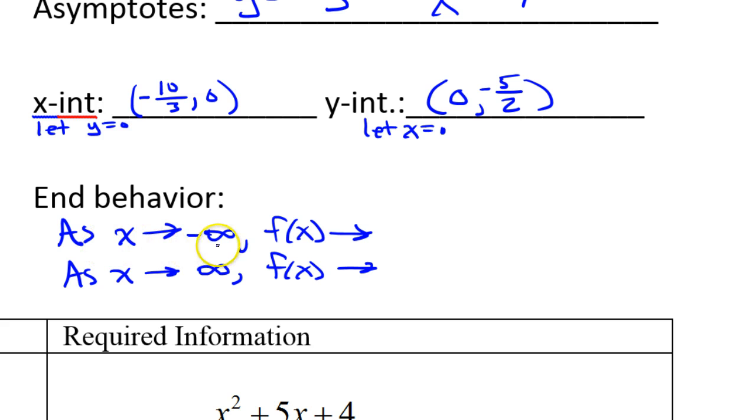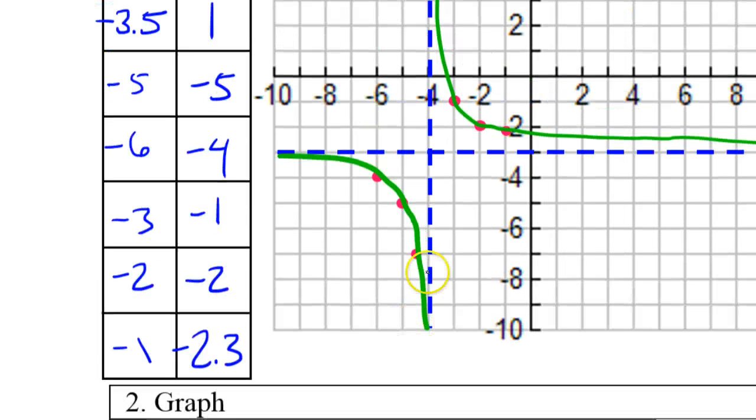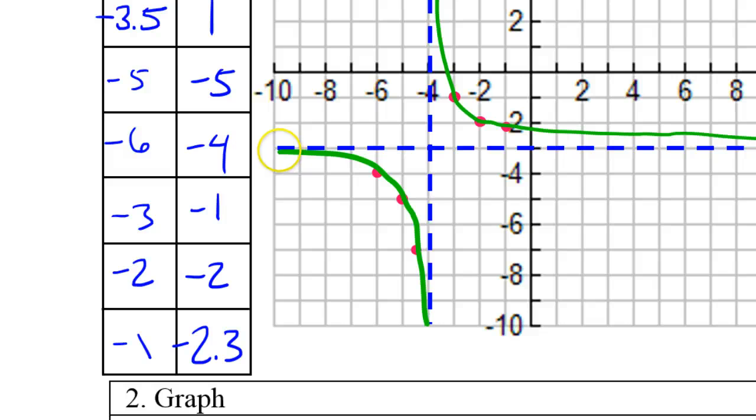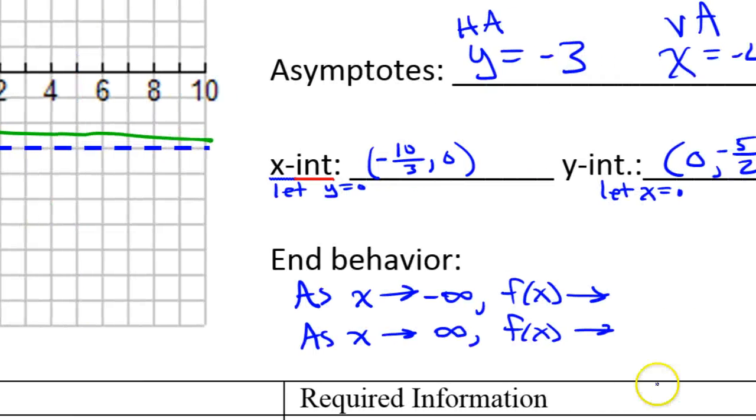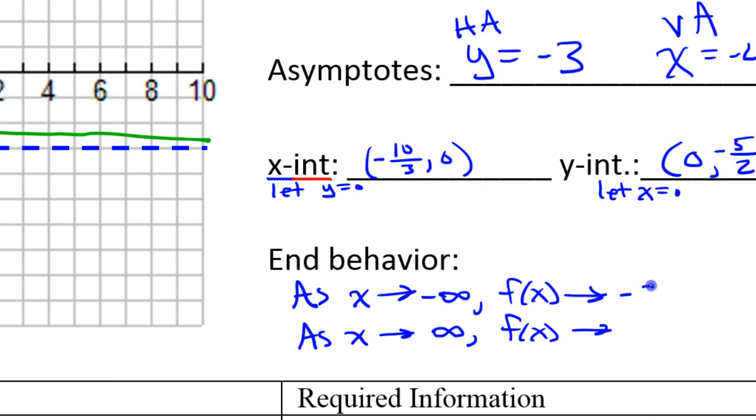Now this first part means as we go to the left, the function approaches, and this means as we go to the right, the function approaches. Okay, so on the left, this is the left end of the graph right there. So as we go to the left, the function is leveling out at this horizontal asymptote. It is approaching negative 3. So on the left, it's approaching -3.